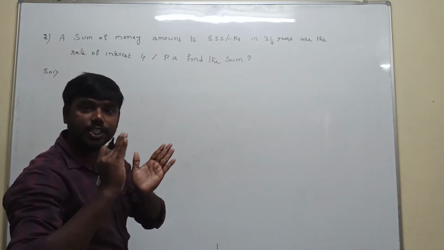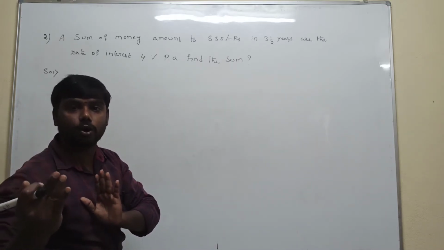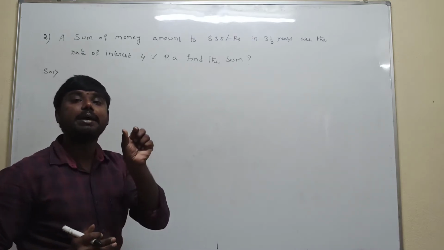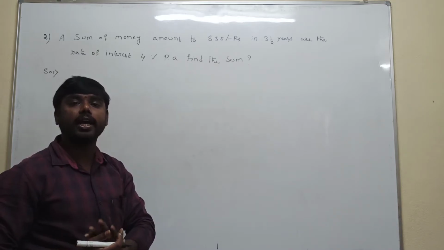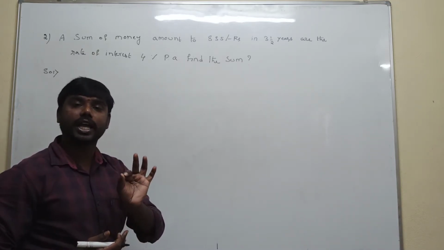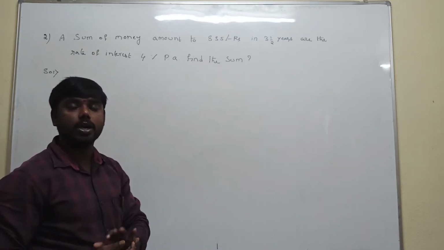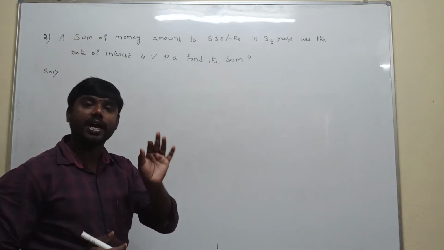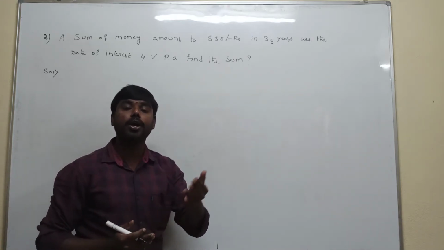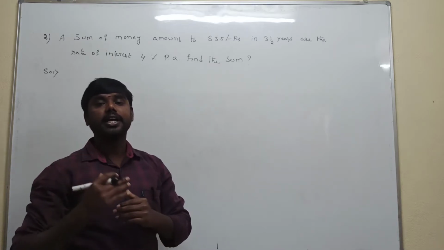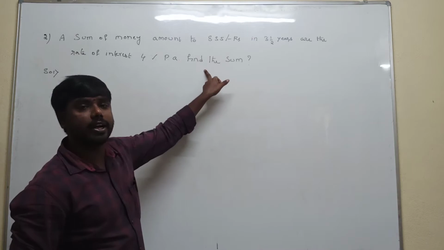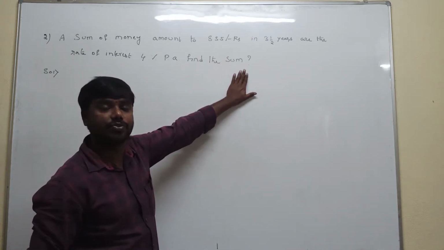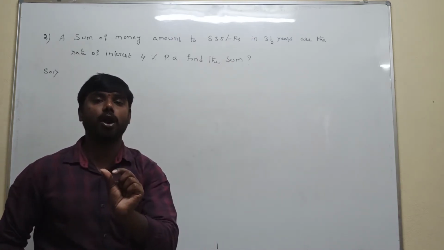A sum of money that is deposited or borrowed or lent is called principal. That's why we need to calculate principal, means we need to calculate capital P. Find the sum of money means we need to calculate the principal amount.